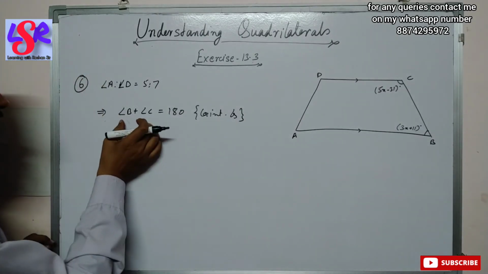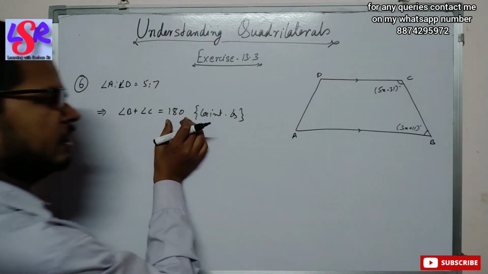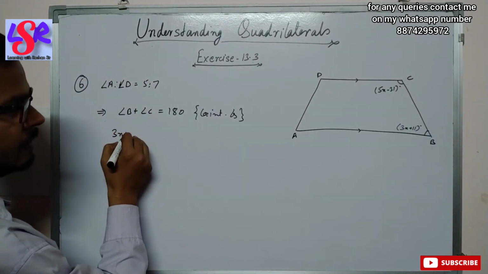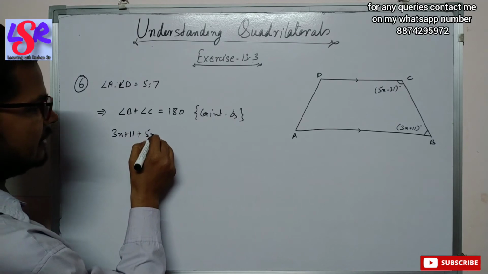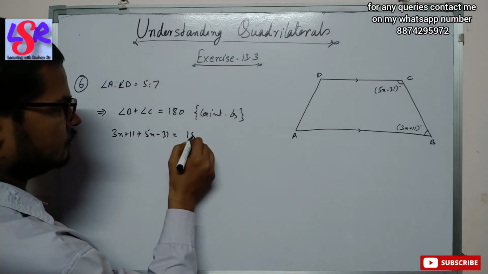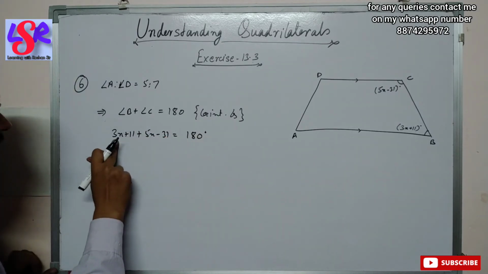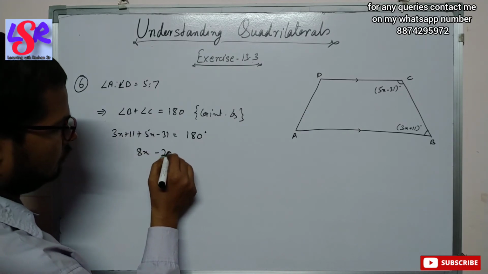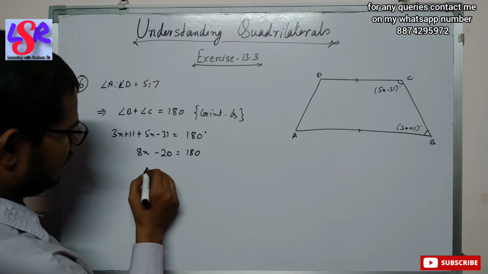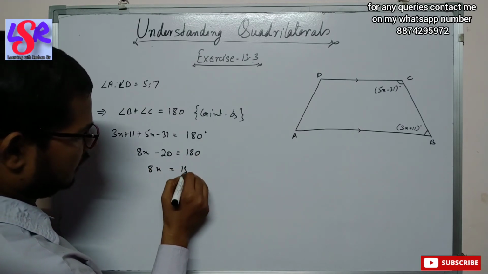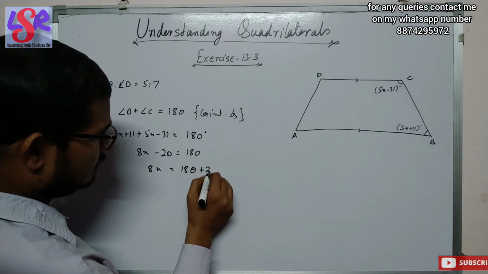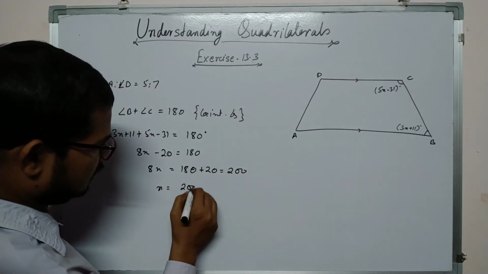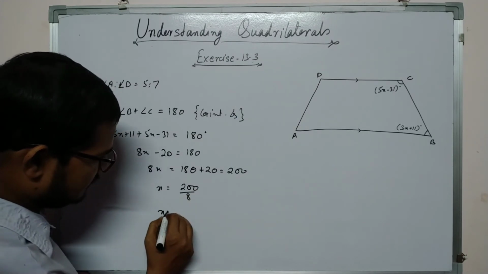And here we get angle B plus angle C equals 180 degrees by co-interior angles. So 3x plus 11 plus 5x minus 31 equals 180 degrees. 3 plus 5 will be 8x, and the sum of these two will be minus 20 equals 180, and here 8x equals 180 plus 20, that is equal to 200, and x will be equal to 200 upon 8, so x is 25 degrees.